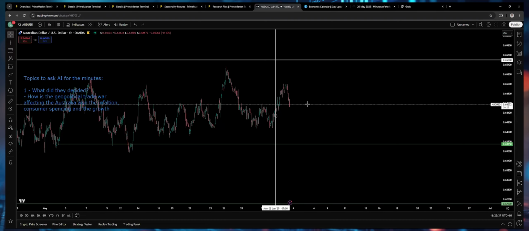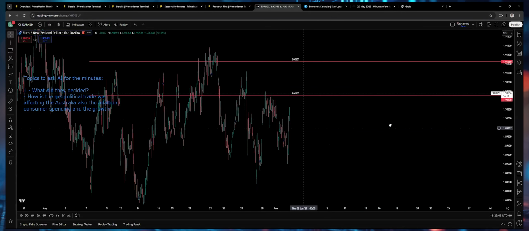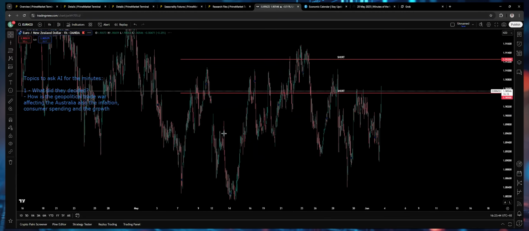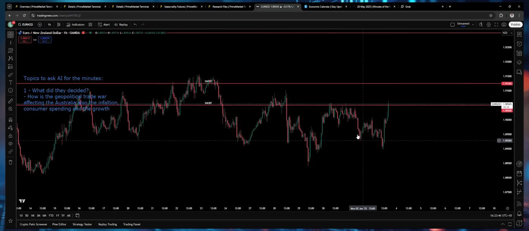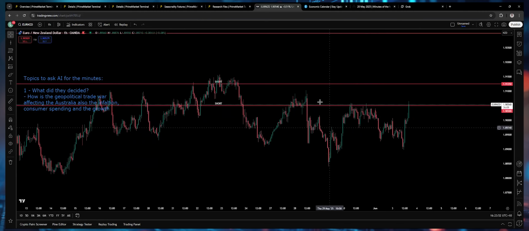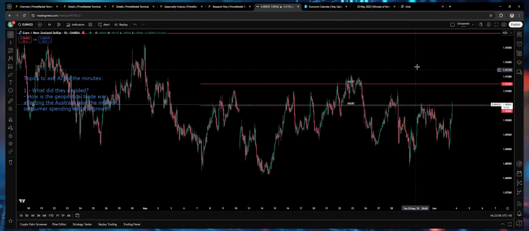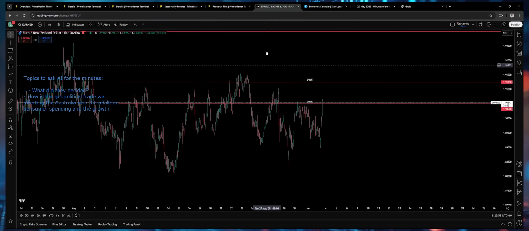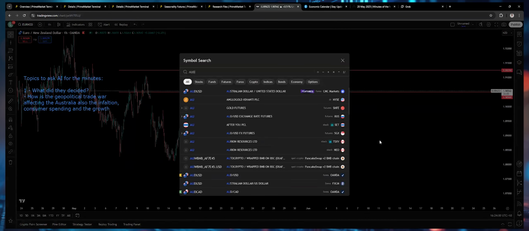If we go, for instance, to Euro NZD, it has been a pretty big option to short, like here. Look at this, quite big moves down, much more aggressive moves down than moves up, right? These are the types of things.